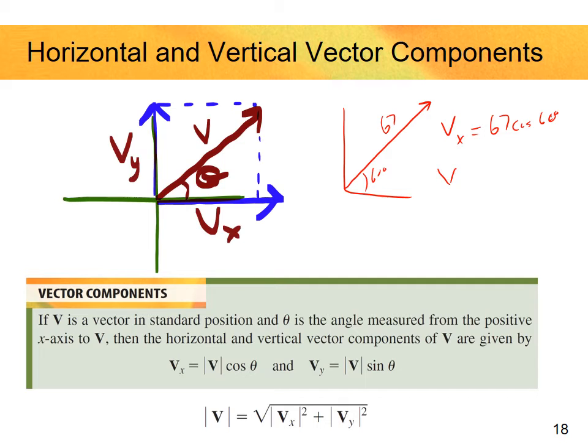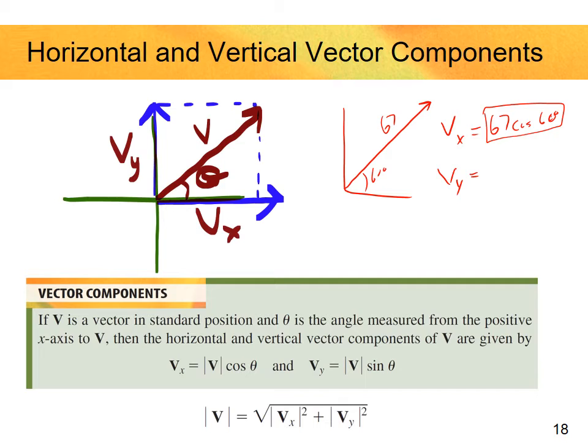And I don't have my calculator with me here, so how about this? Can someone in the class do this and just give an answer for 67 times cosine of 60? And then the vertical component. So that would be the horizontal vector.